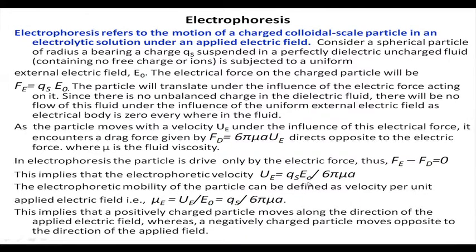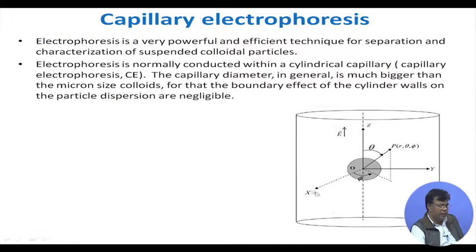So, it will move along or reverse to the direction of the electric field. This is the simple situation where we have taken the surrounding medium to have no free charges. Now, when there is a free charge in the medium, things become complicated.